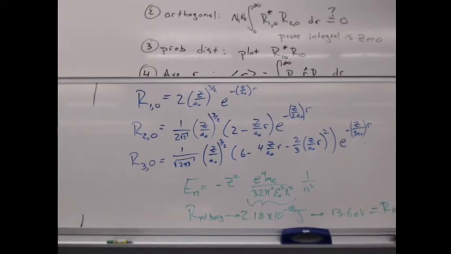That's how it should be written. That's where we've gotten a little bit lazy with our normalization constants in the past, because when we've proven orthogonality, it doesn't matter if it's normalized or not, because you're just showing that the integral is 0.